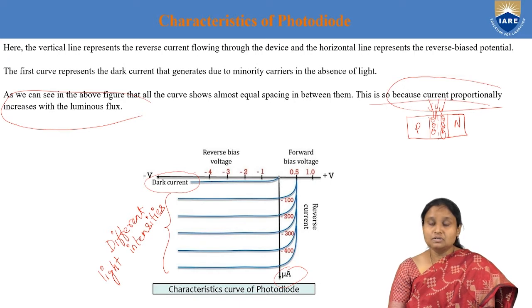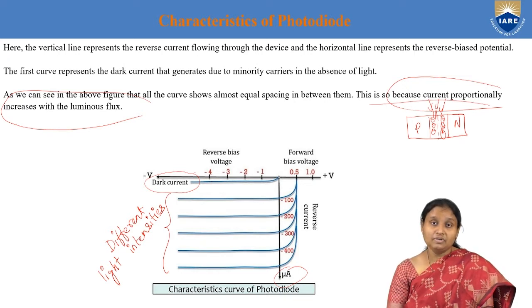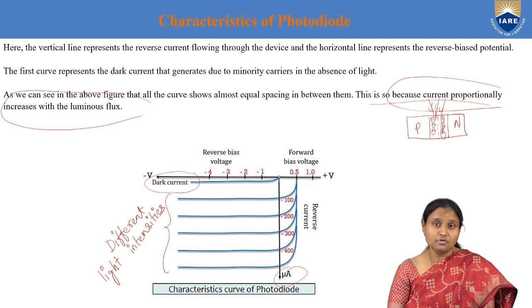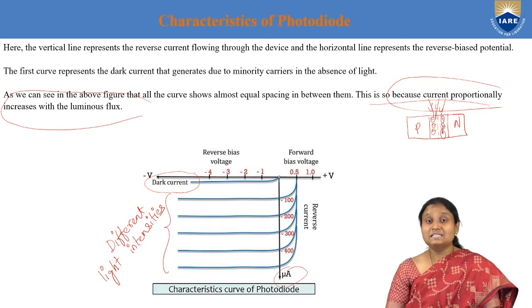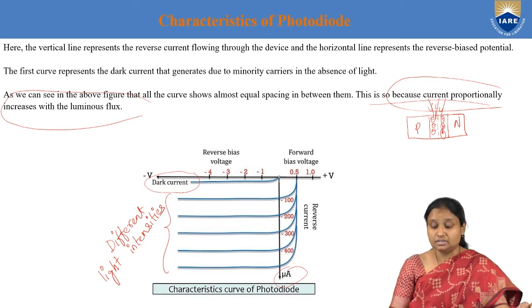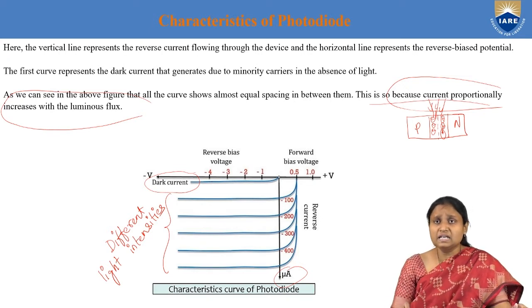Once they gain energy from those energetic photons, they go to the conduction band, and thereby we have formation of a hole in the valence band and an electron in the conduction band. So the main phenomenon here is generation of electron hole pairs, or generation of free charge carriers, which is going to increase the reverse current. So this is about the construction and working of the photodiode.